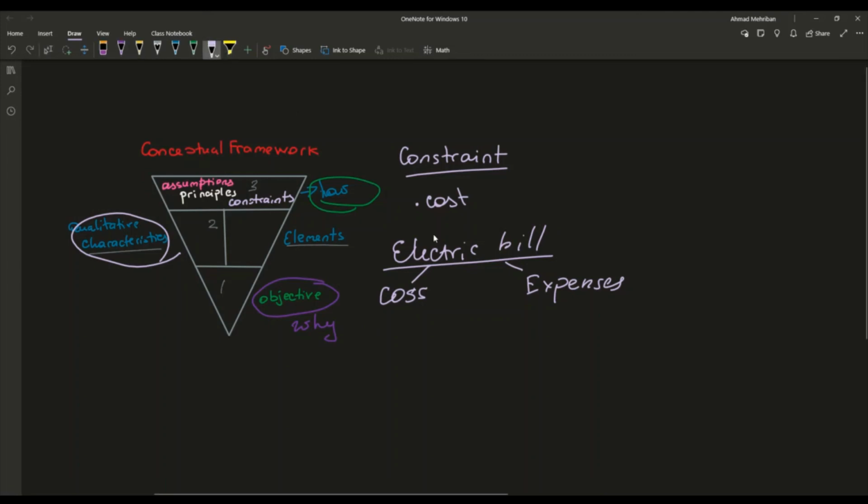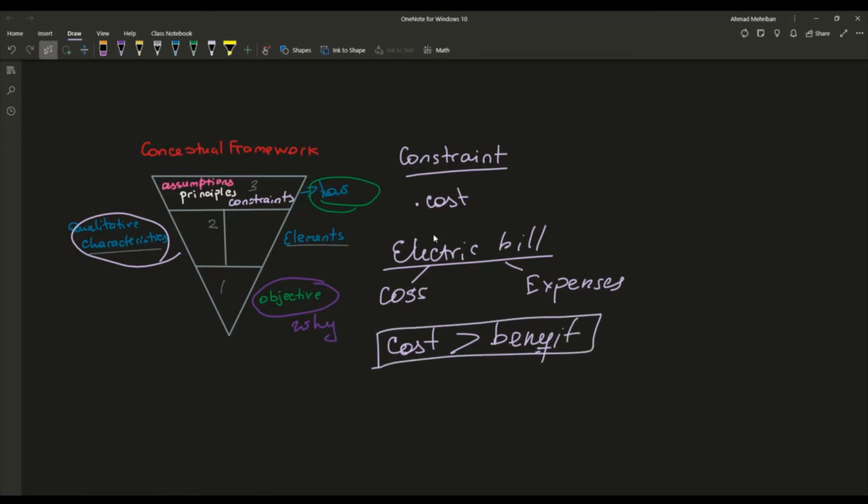If we assume that the cost will outweigh the benefit of reporting that information, then an accountant is allowed to use this cost constraint principle and either not disclose that information or combine it and report it as a sum, including it not in a separate line but in another line in the financial statement.